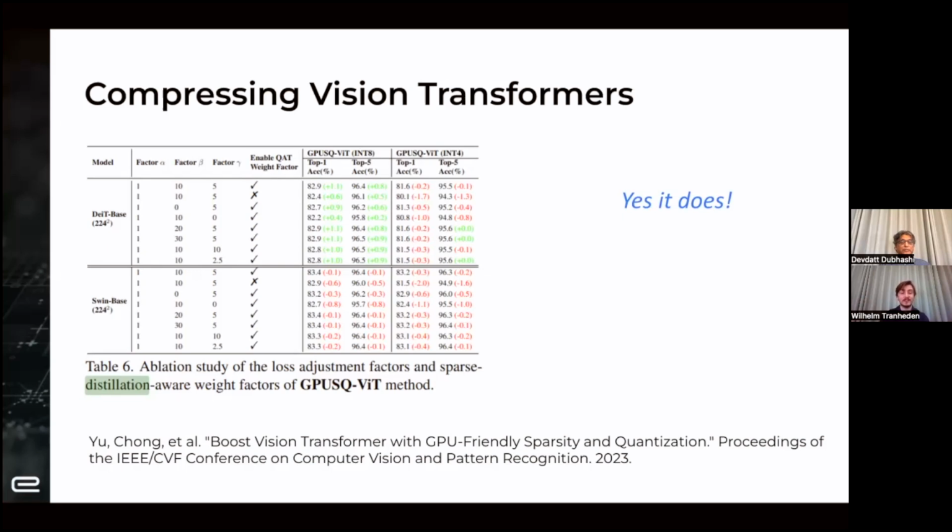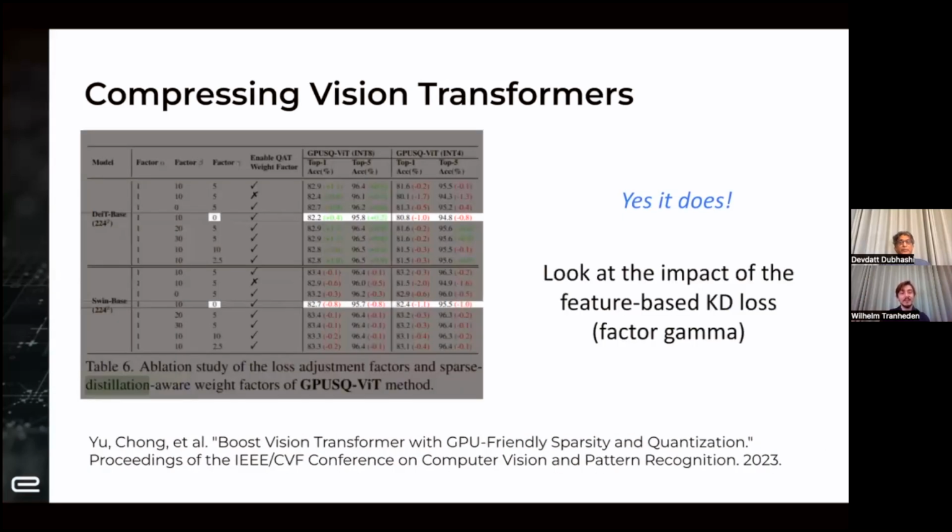And we see this in the next slide. So what we see here is, right, that for this row where factor gamma is 0, we have an accuracy, for example, of 82.2. And this is much lower than when the factor gamma was, for example, 5, and it's 82.9. So the conclusion here is that, yes, knowledge distillation had a clear impact on these very good results.